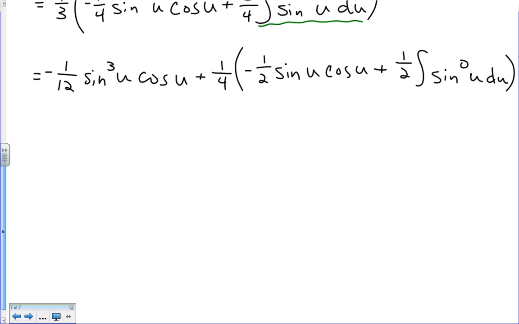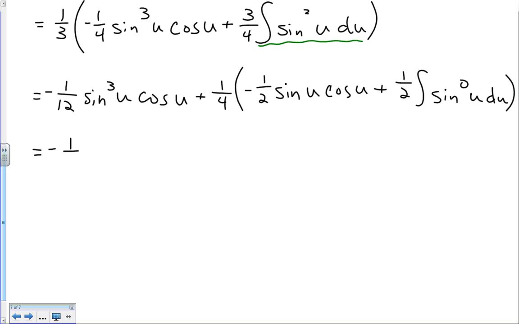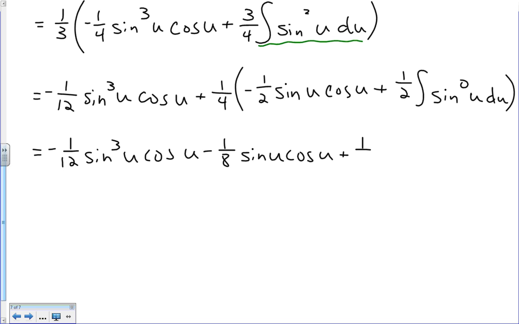Let's rewrite this one last time here. We have a negative 1/12 sine cubed of u cosine of u. I do have to rewrite it again because I got to get back in terms of x before I'm done. And then distribute the 1/4 all the way through these parentheses, so it's going to be a minus 1/8 sine of u, cosine of u, and then plus 1/8 times the integral of sine to the 0.